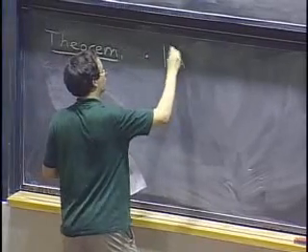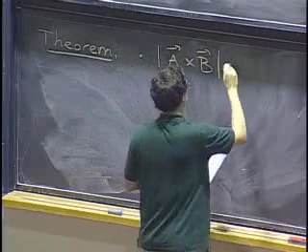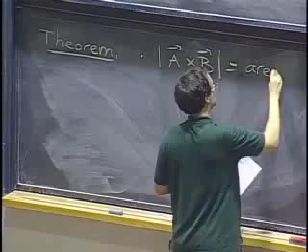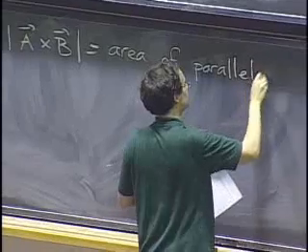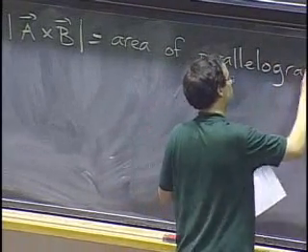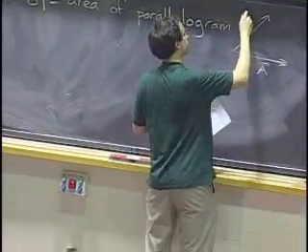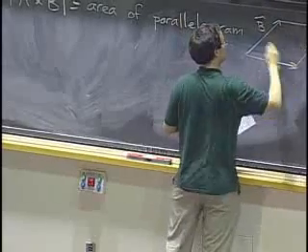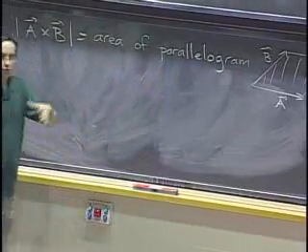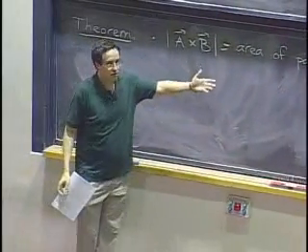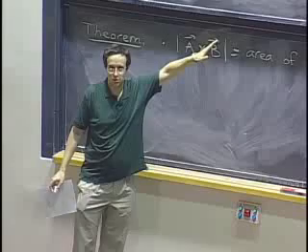The length of a cross product is the area of the parallelogram in space formed by the vectors A and B. Okay? So now if you have a parallelogram in space, you can find its area just by doing this calculation when you know the coordinates of the points.